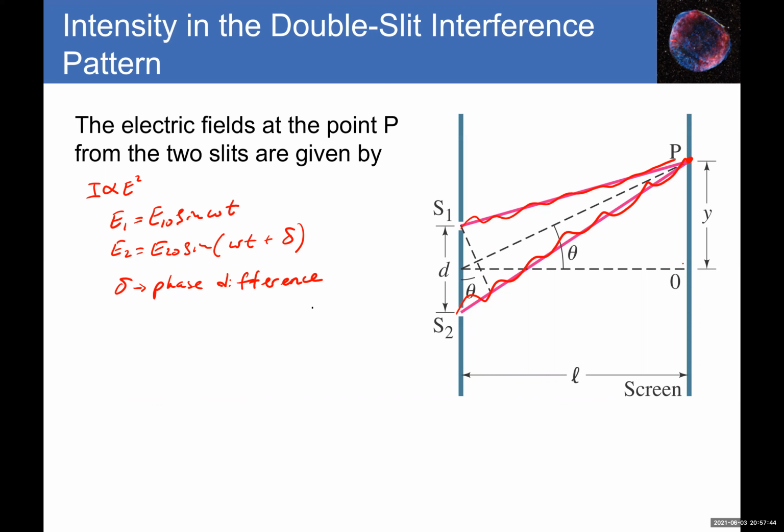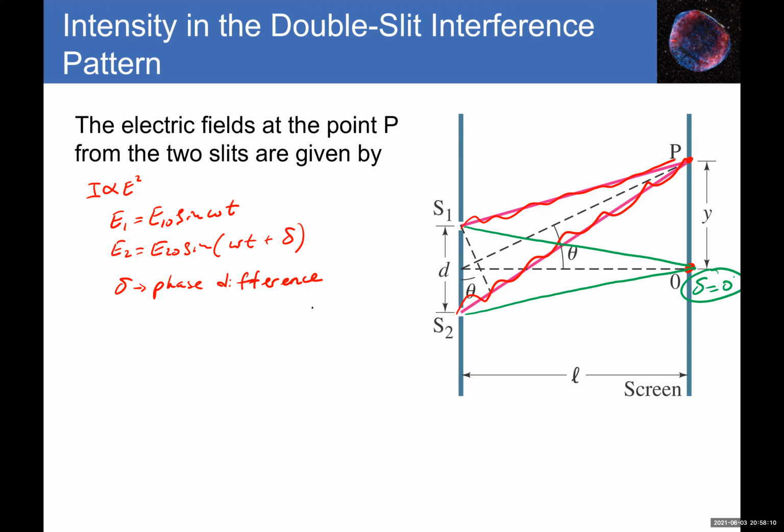Let's say I choose the point of interest to be exactly at the center. If I use the distance from slit 1 and the distance from slit 2, I will get exactly the same distance, so delta will be 0. So delta equals 0 for the center of the screen, that point 0.